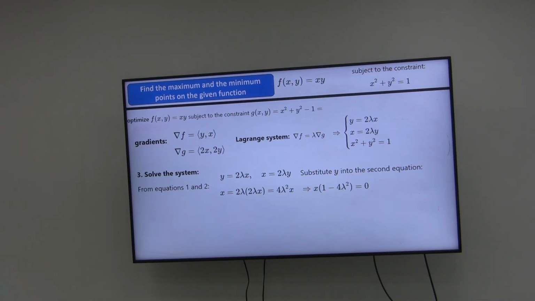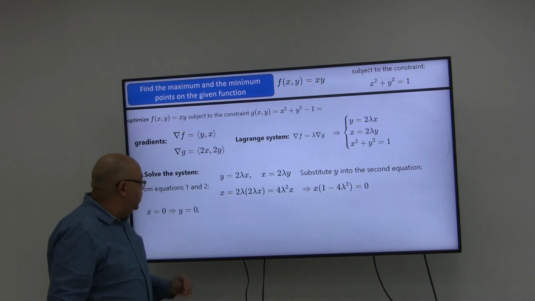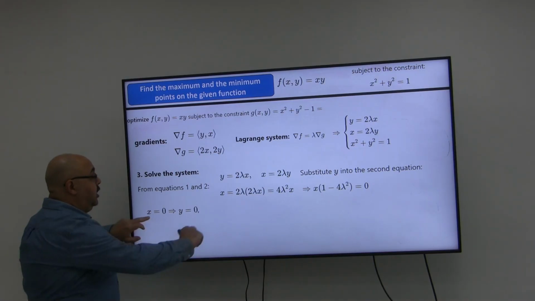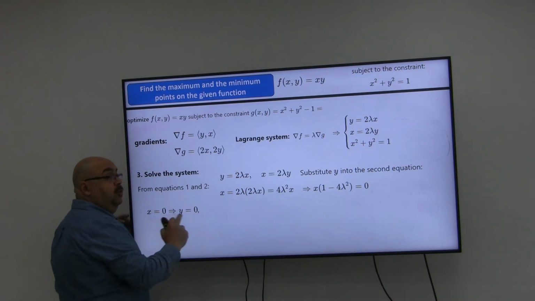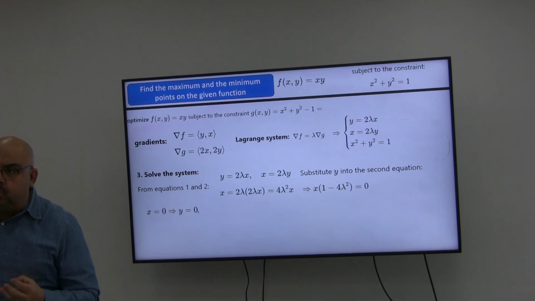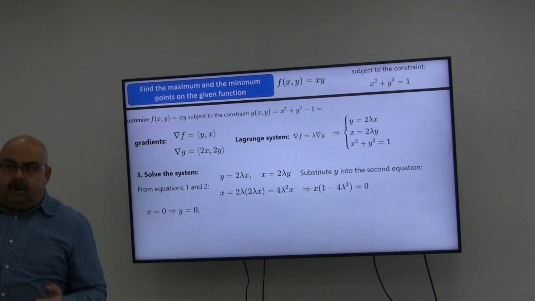Right, Mr. Ziad? So for the first of them, if x is equal to 0, now I have one of them. If I take x equal to 0 and substitute in this equation, it will give you y equal to 0. Is this an acceptable solution for this problem or not? How to be sure about this?